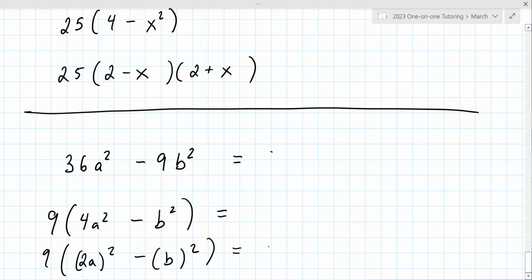So that becomes 2a minus b, 2a plus b, times 9. Okay. So let me give you one more here. When you get all that down, I won't use the same letters. That is deceptive. It's very difficult.